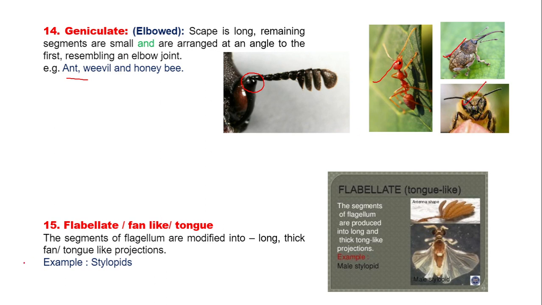Flabellate or fan-like or tongue-like antenna. In this type of antennae, the segments of flagellum are modified into long, thick, fan or tongue-like projections. Flabellate antennae are found in Strepsiptera stylopids.